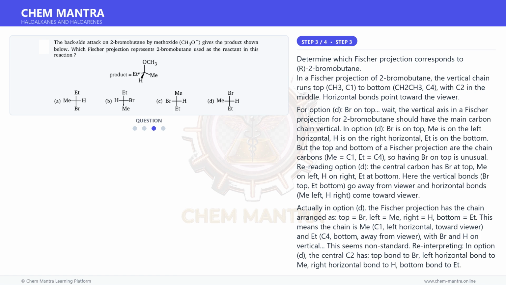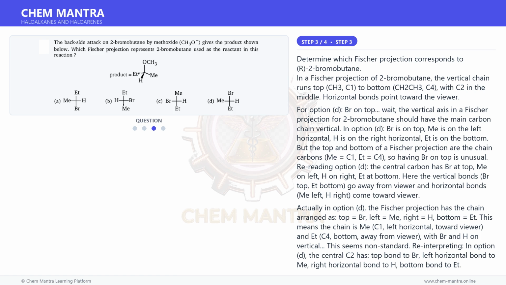In option D, Br is on top, Me is on the left horizontal, H is on the right horizontal, Et is on the bottom. But the top and bottom of a Fischer projection are the chain carbons, Me equals C1, Et equals C4, so having Br on top is unusual.